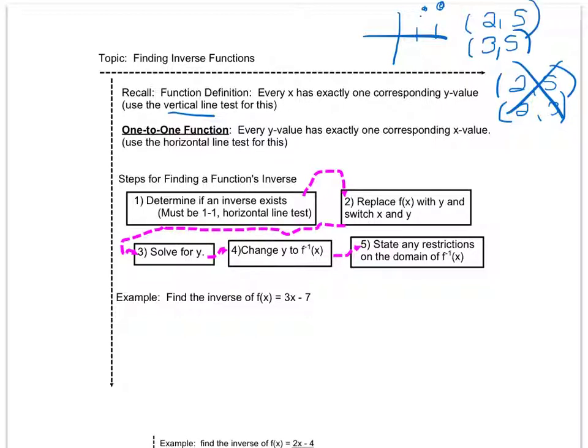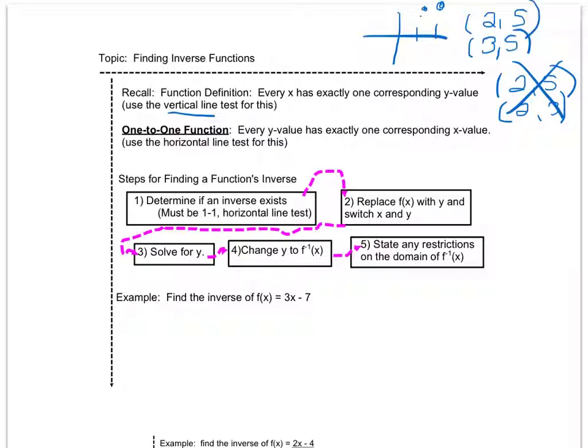In order to have an inverse, we have to not only be able to pass a vertical line test, we have to also be able to pass a horizontal line test, meaning that every single y value has to have one x value. So, just like the x value of 2 could not have two separate y values, a y value of 5 could not have two separate x values because it would fail a horizontal line test.